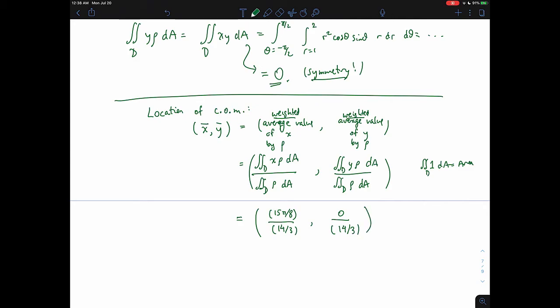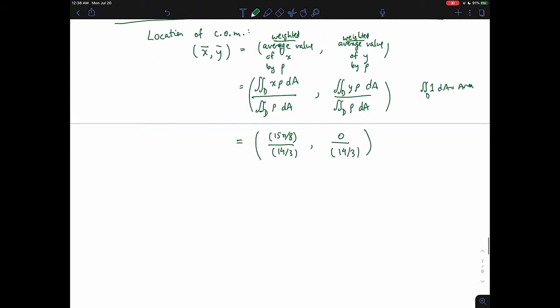Well, divided by 14 over 3 doesn't matter too much. So a lot of fraction stuff will cancel out here, and we end up with 45 pi over 112. Zero.